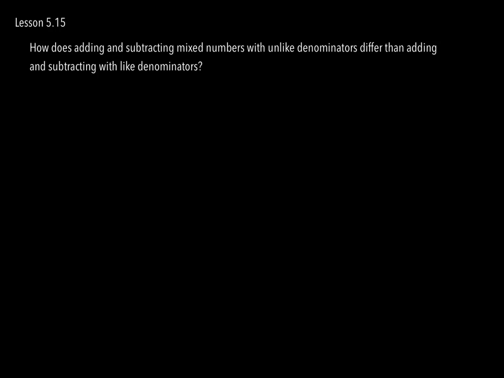But first we're going to do some review problems. I've got 4 of them for you. So let's write them down and then pause the video so you can work on them. The first one is 4/5 plus 1/3. Then we have 2/9 plus 5/6.